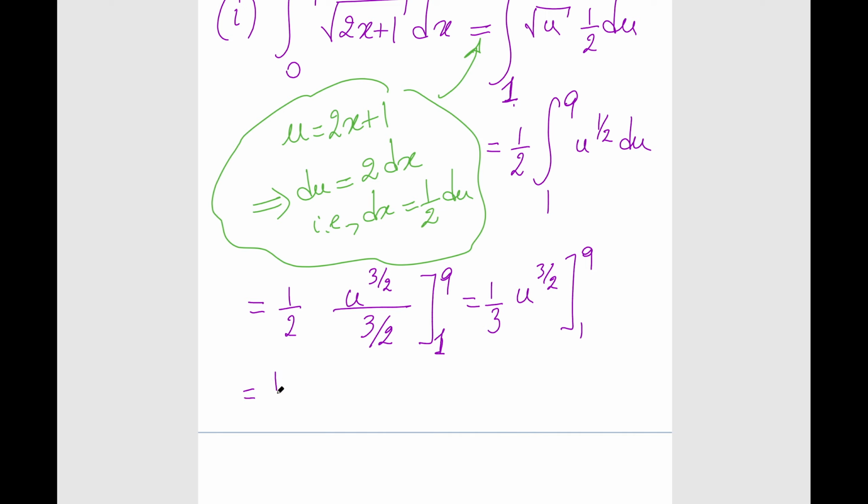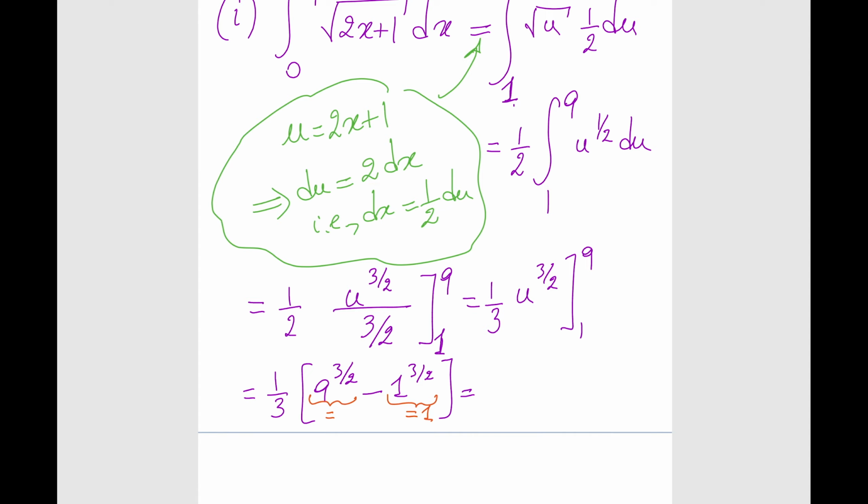So what do we get then? 1/3 times 9 to the power 3/2, minus 1 to the power 3/2, which is simply 1.